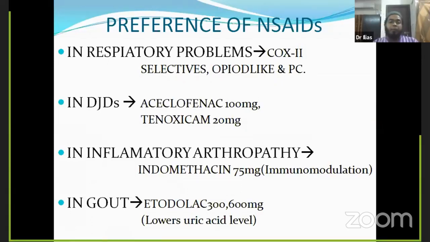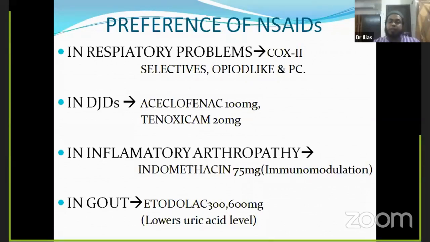Okay, but if we prescribe the aceclofenac or the tenoxicam, we can get extra additive supportive effect on the damaged joint other than reduction of the pain, because the aceclofenac helps in the activities of the cartilage synthesizing enzyme.